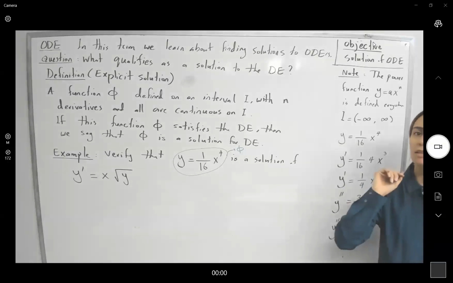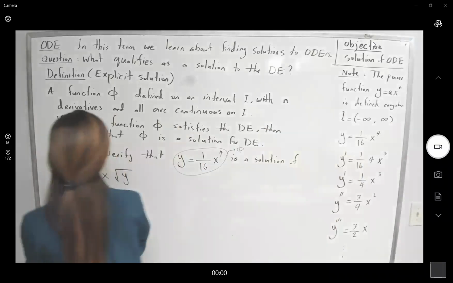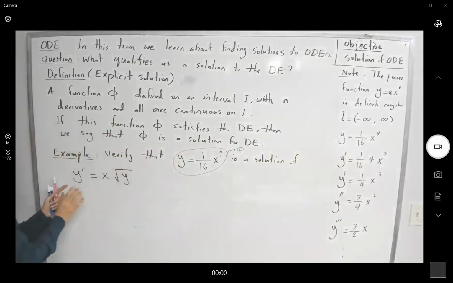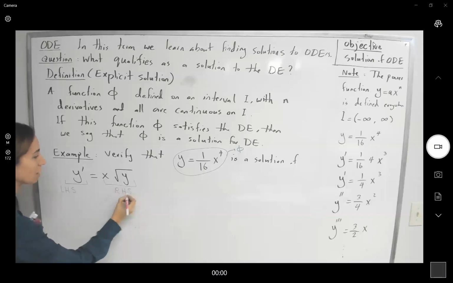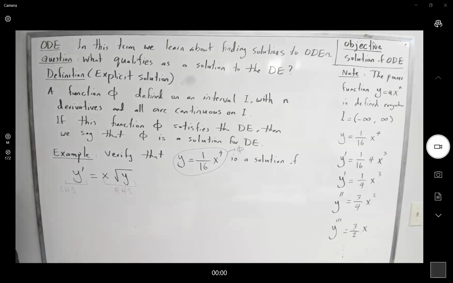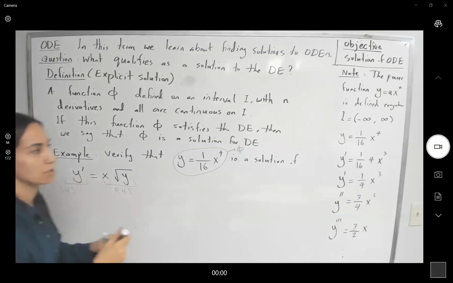Now let us check to see if the left-hand side and right-hand side of the equation can bear this function. So you have left-hand side, you have right-hand side. What is on the left-hand side? On the left-hand side, you must have the derivative. But what is the derivative?